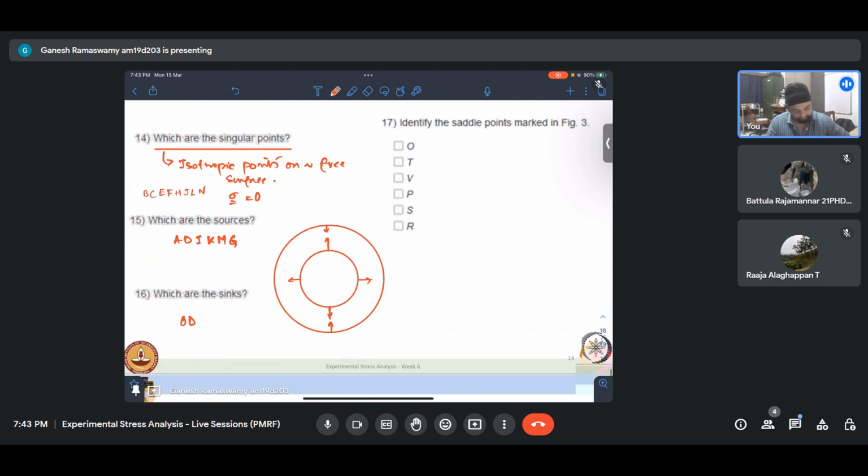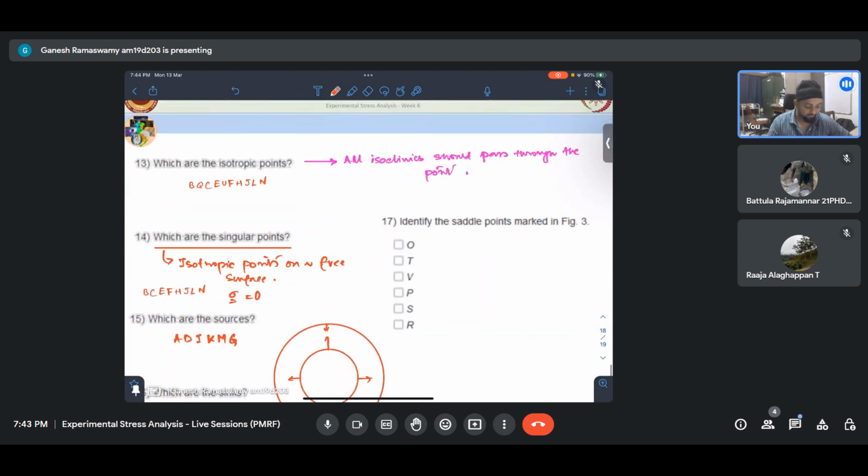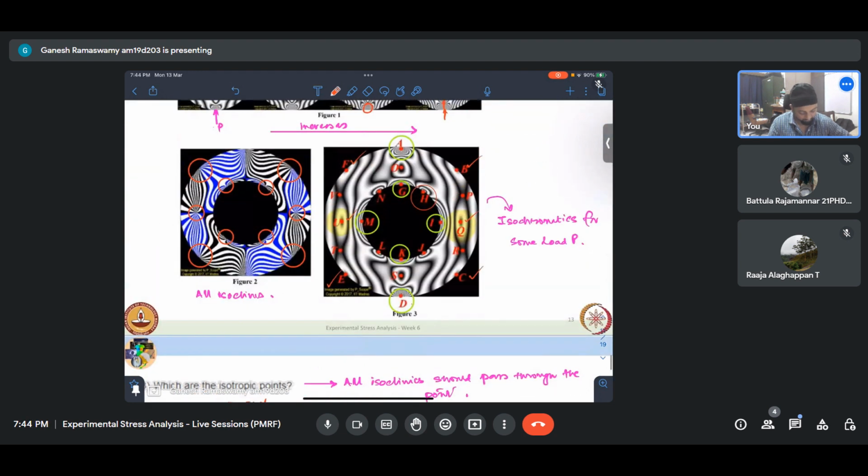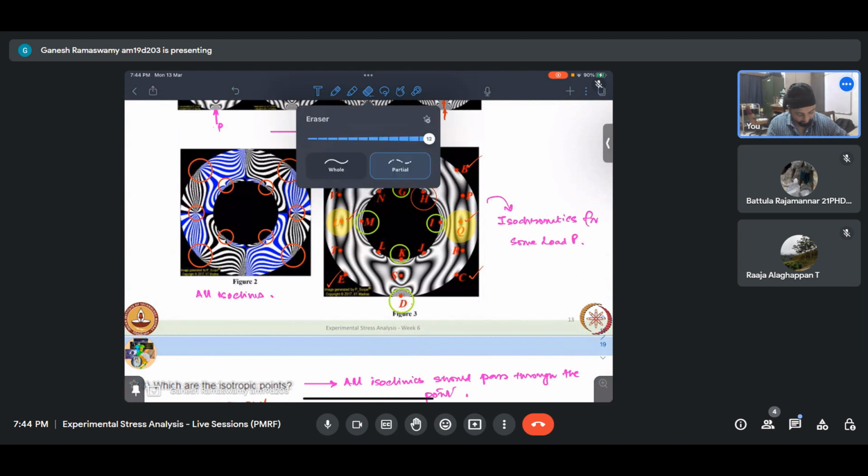Okay. So identify the saddle points marked in figure 3. I have messed up figure 3 a little. I'll just try to clean it up in 1 minute so that we can identify things out of that.